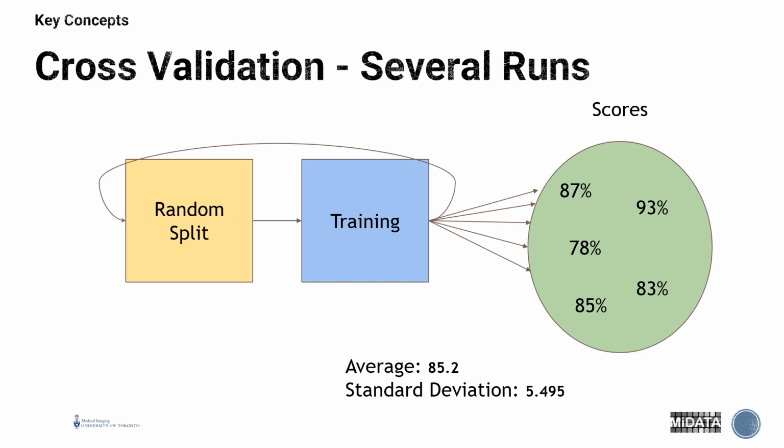The larger the standard deviation, the more the way the data is partitioned or split is impacting your ability to train. And that's not a good sign. That usually indicates that you are in need of more samples, meaning a larger sample size, because for a variety of reasons, but maybe the most obvious one is that you have heterogeneity in your data. So this is what we call cross-validation.